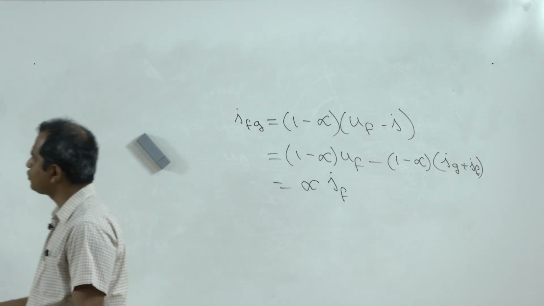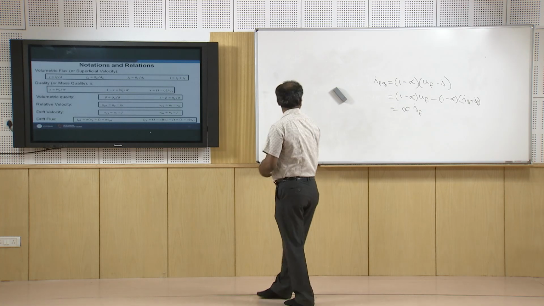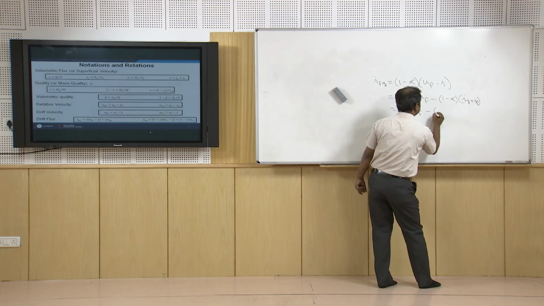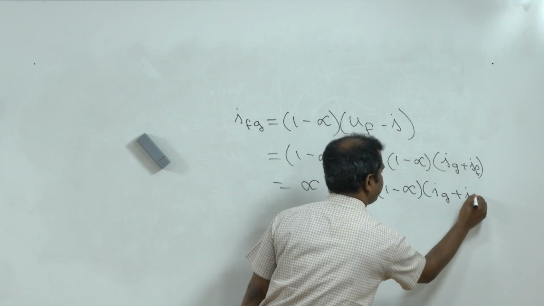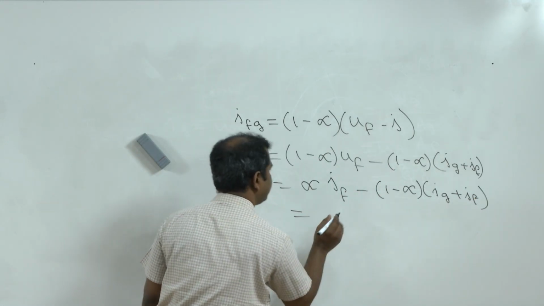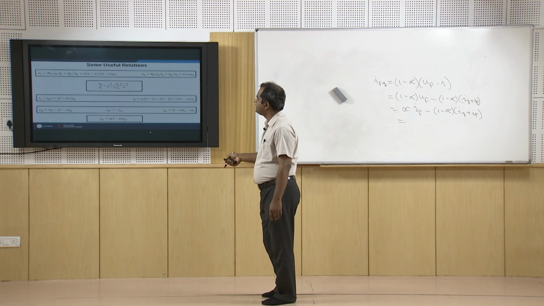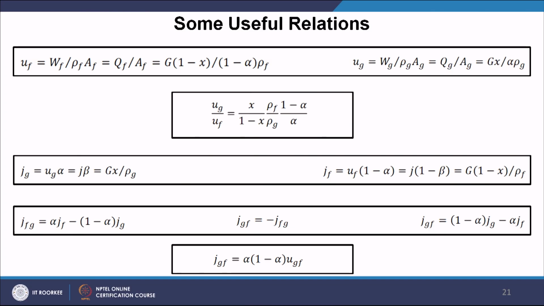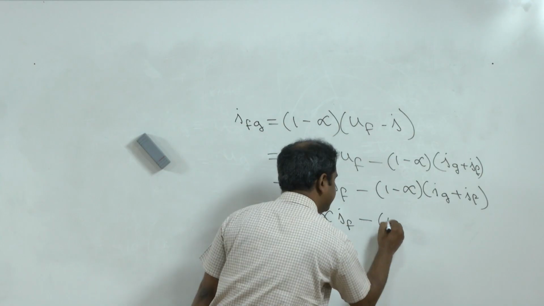This I have shown you over here. So, finally, you will get minus 1 minus alpha into Jg plus Jf. Ultimately, if you take several terms common, you will get this final equation: Jfg is equal to alpha into Jf minus 1 minus alpha into Jg.